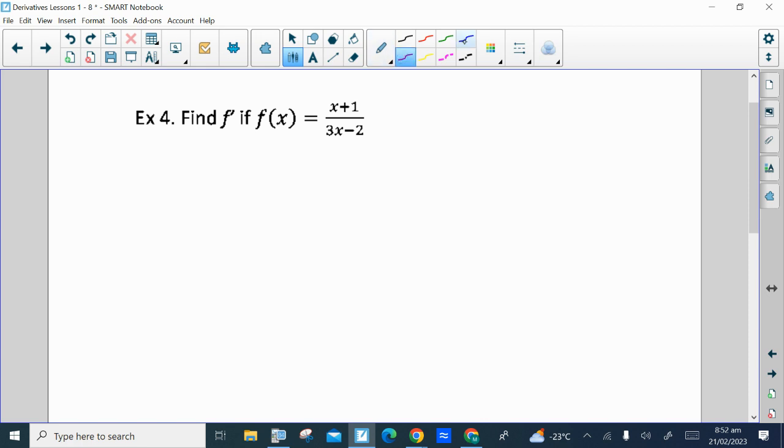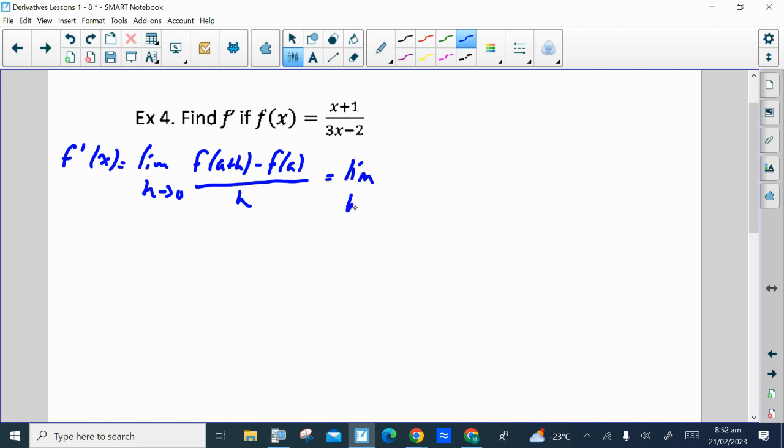So again, f prime x can be found by, the first part is f at a plus h. Oops, I need to put the limit there. So the first part is taking the equation and replacing x with a plus h.